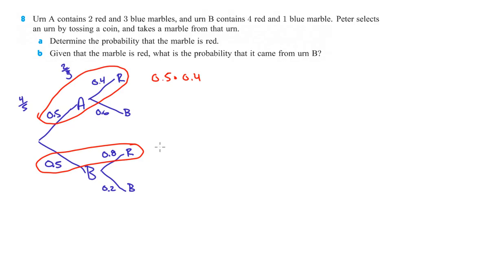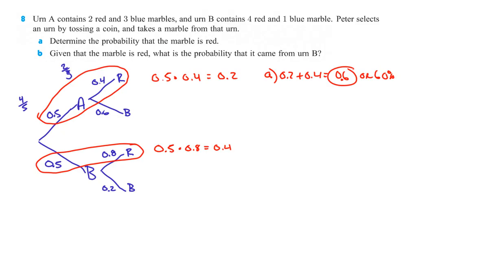And then it can happen this way too, 0.5 times 0.8. So this gives us 0.2, this gives us 0.4. So either this could happen or that could happen. So we would take the 0.2 and add the 0.4, and that gives us 0.6 as our probability, or 60% probability. Okay, so that would be for part A.